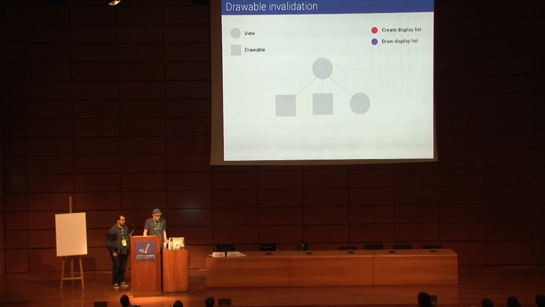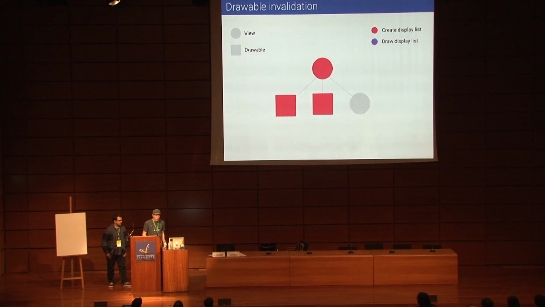Let's go through that with a similar diagram to before. Here I've introduced a square representing drawables. Circles are still views. What happens when we draw this hierarchy of a root view, a view group with one child and two drawables? It could be a frame layout with one child, a background, and a foreground drawable, for example. Now what happens when we create the display list of the root?